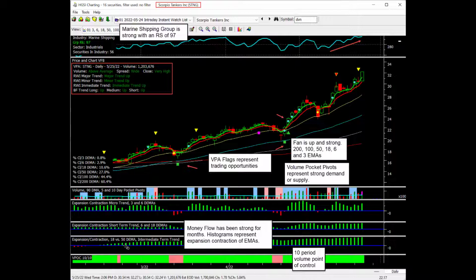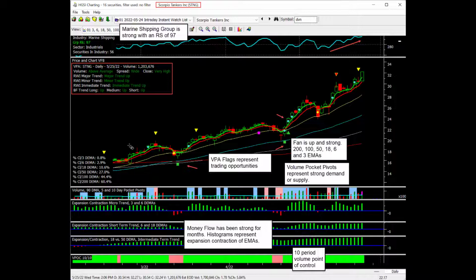And the bottom window represents the difference between the 18 and the 50. So this is the 18, this is the 50. All of these histograms are currently well above their zero lines, which indicates that the moving averages are moving apart. This tells me that money flow continues to be positive on this stock.